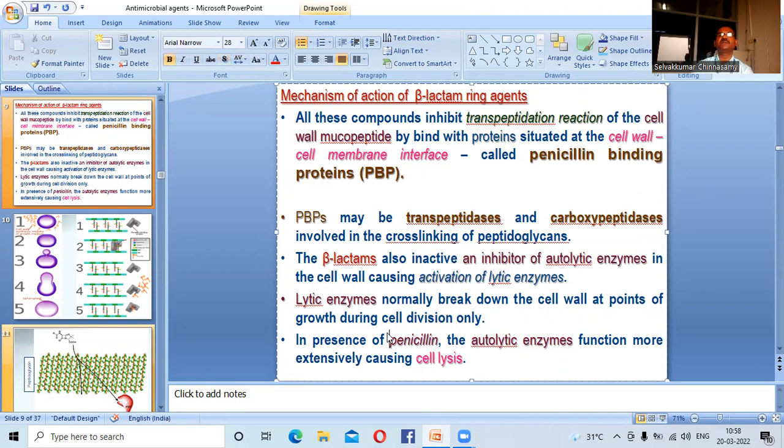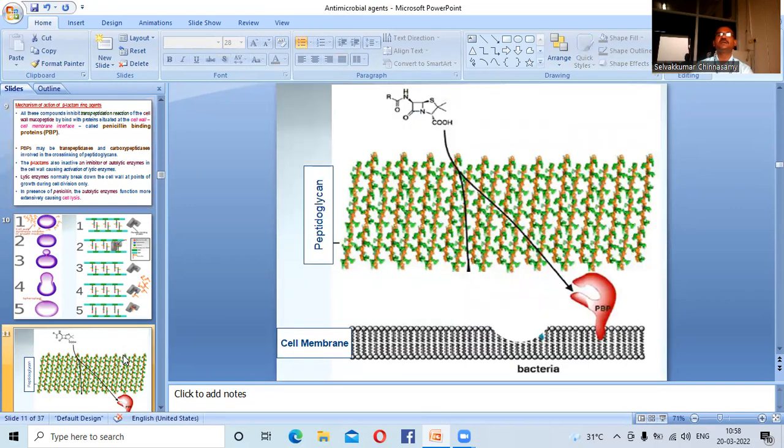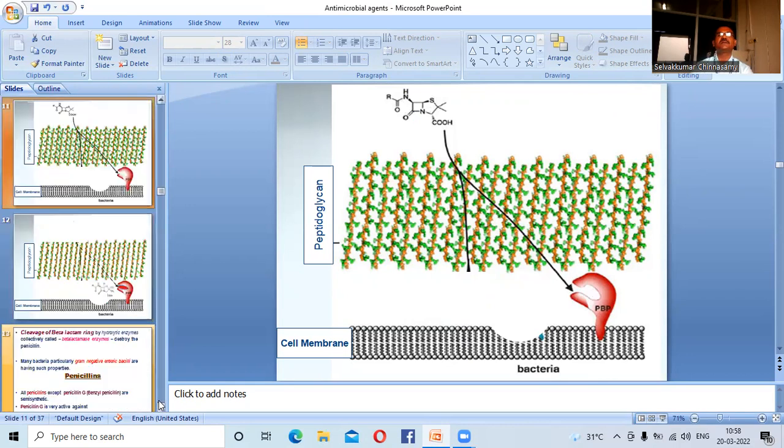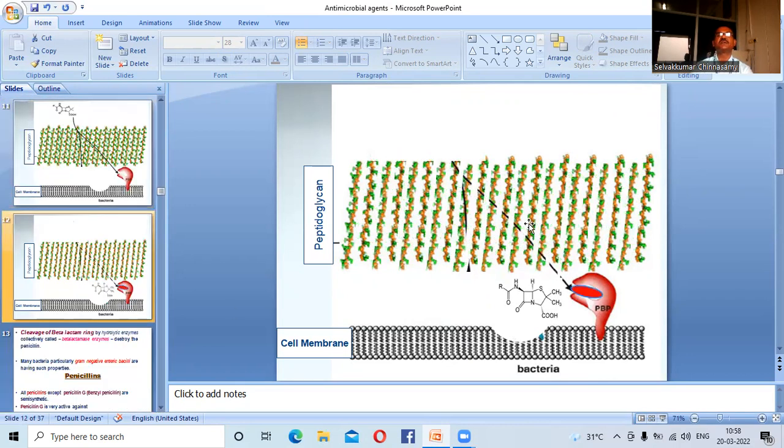In the presence of penicillin, the autolytic enzyme acts more extensively, causing cell lysis, so the bacteria die quickly. Here is the penicillin binding protein; the molecule binds it, and the bacterial cell wall gets destroyed like this.